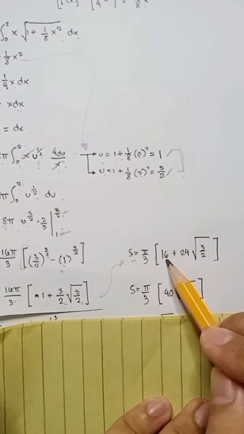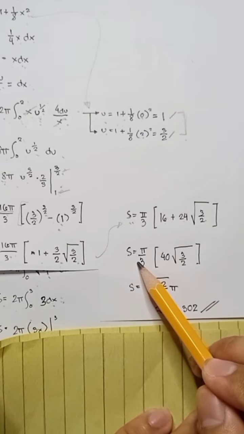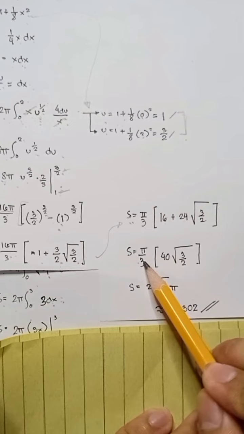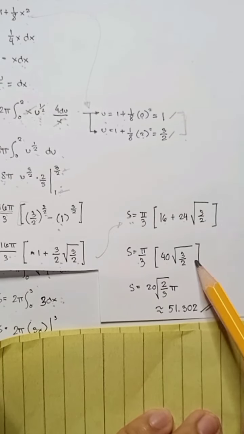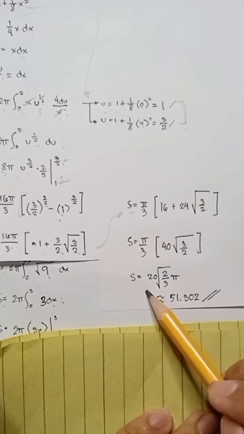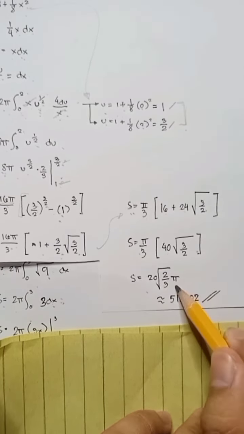So, nangyari 16 plus 24 square root of 3 halves. Then, simplify ulit natin hanggang sabihin okay na siya. Then, S is equals to pi over 3 times 40 square root of 3 halves. So, S is equals to 20 square root of 2/3 times pi.